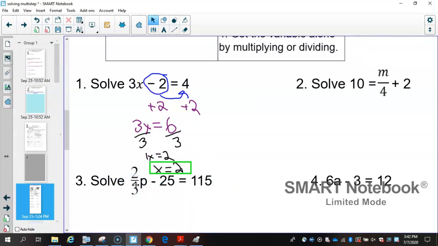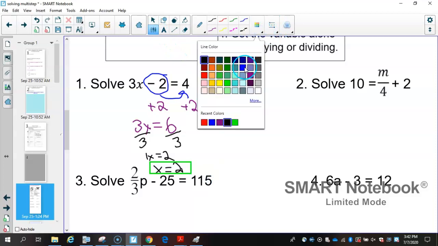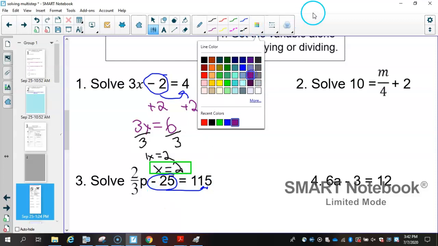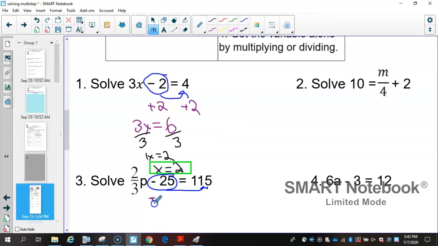You'll just have to still move the 115 back over. So you're still moving the constant if you move the variable. Right? As we saw in this first example, we're subtracting, or it's negative, and the opposite of that is addition. So we would need to add 25 to both sides.